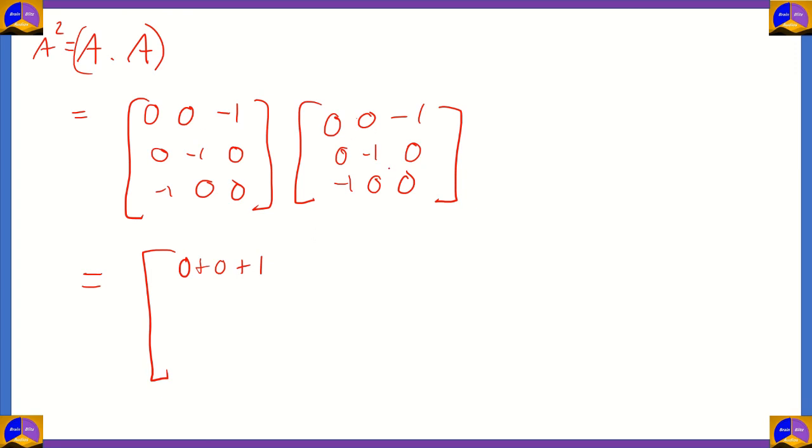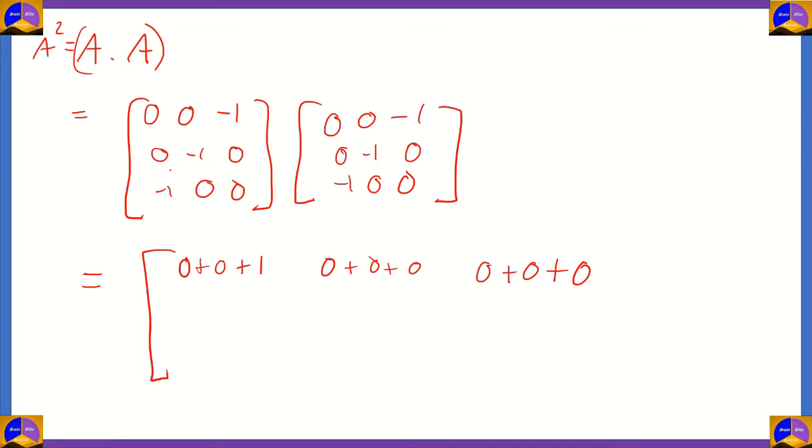Now you take the second column: 0 times 0 is 0, 0 times -1 is 0, -1 times 0 is 0. And similarly, for the third column, you can write 0 plus 0 plus 0, because 0 times -1 is 0, -1 times 0 is 0. So now, after taking all three columns for the first row, we move on to the second row.